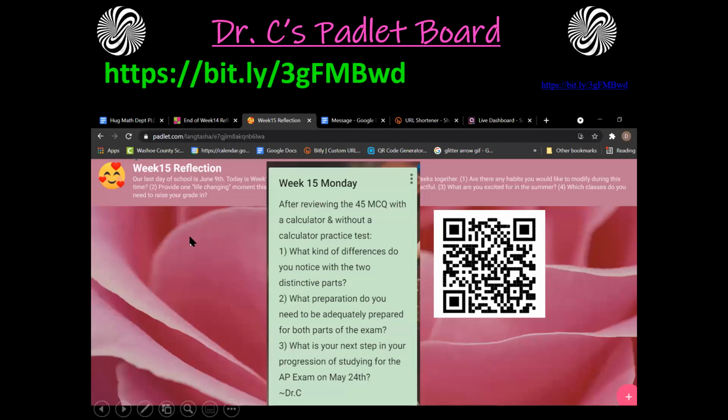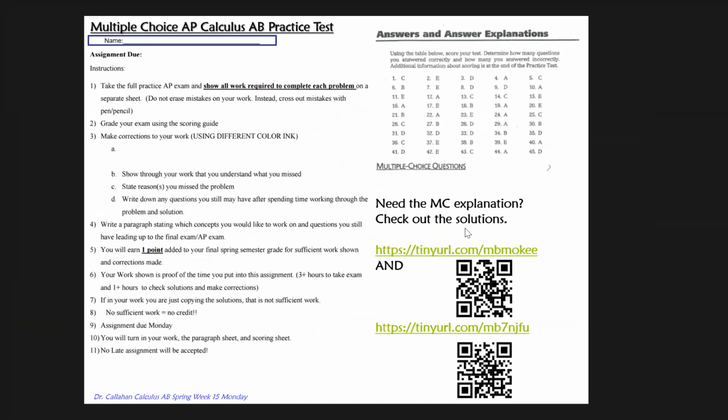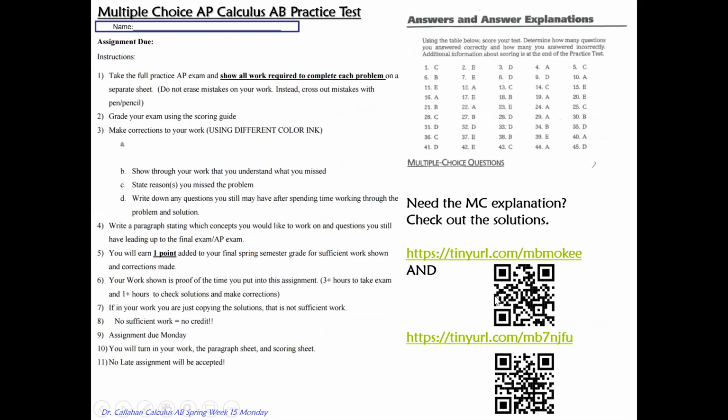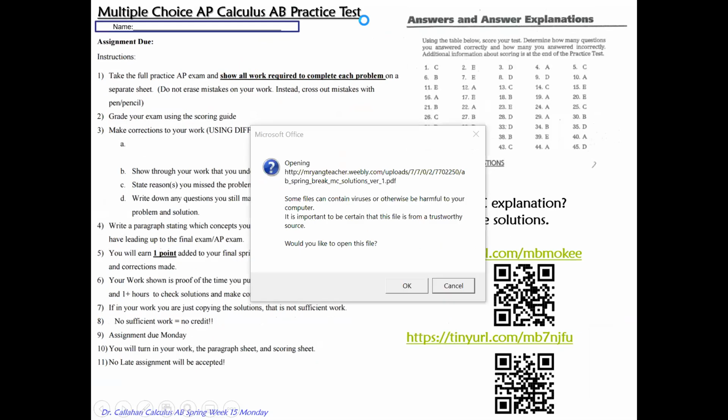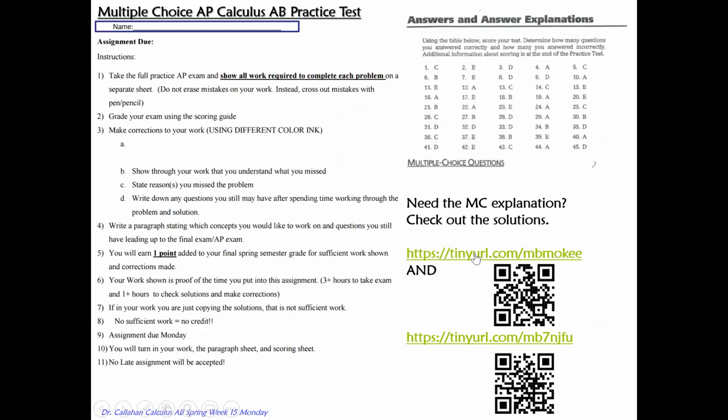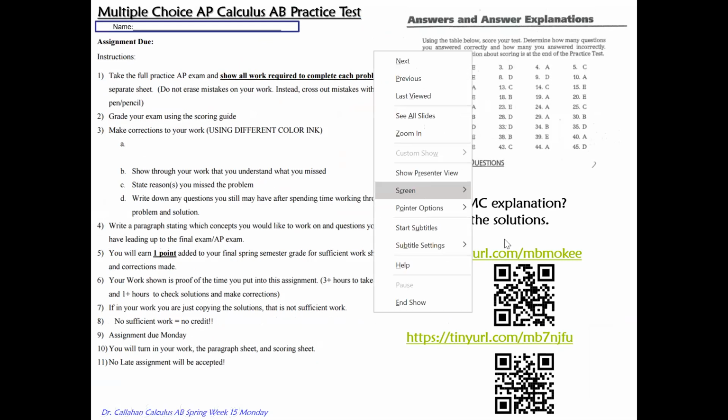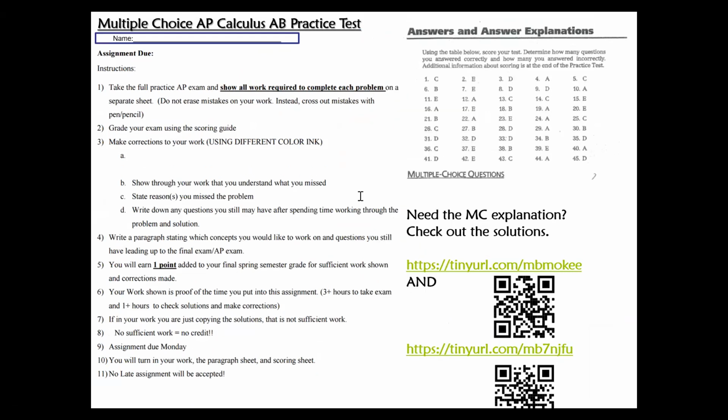What I would like you to do is make sure you go over those questions. Here I have 2 different links with QR codes. The first link is not popping up. Let me see what's going on here. It did pop up when I was doing this initially.